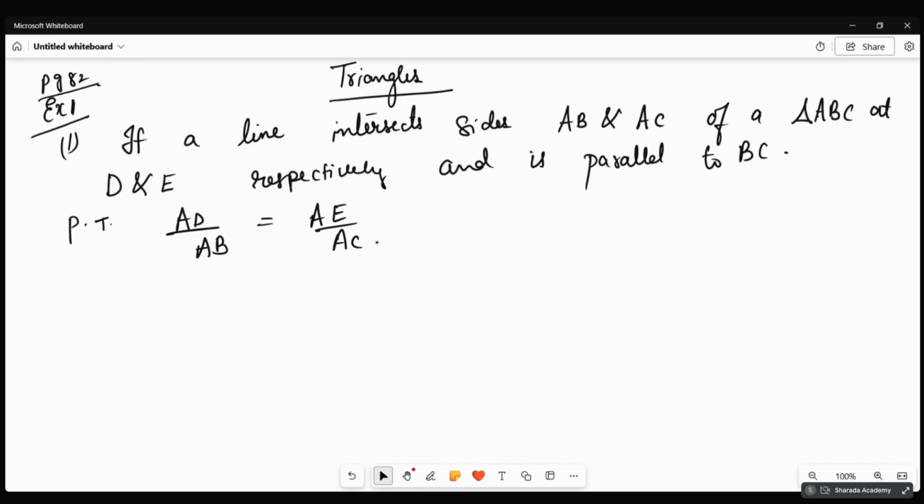So if a line is given, this much will be the question. They will not give the diagram.